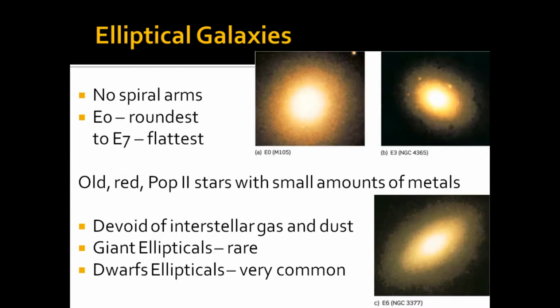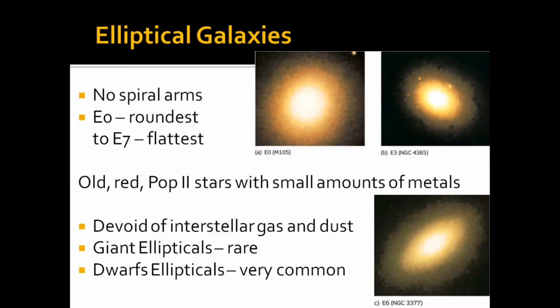Giant elliptical galaxies are very rare, and they are about 20 times larger than the average galaxy. But dwarf elliptical galaxies we are finding are very common. There are only a few million stars in dwarf elliptical galaxies compared to the 100 billion stars in the Milky Way, but there seem to be a lot of them.